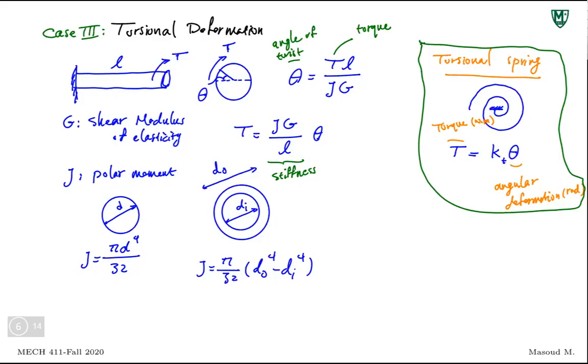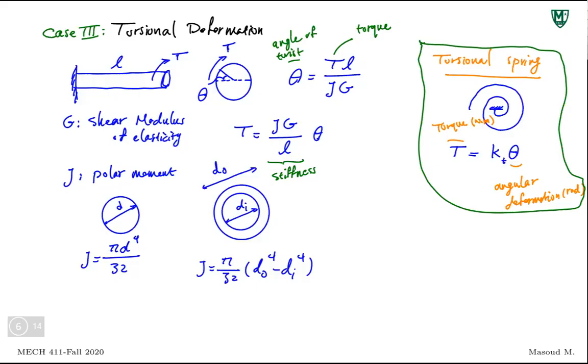So you know the polar moment for the cross section, you know the torque applied to this shaft, so it tells you how much is the angle of twist, or how much it is deformed in the angular direction. Pretty much you can model that as a torsional spring.